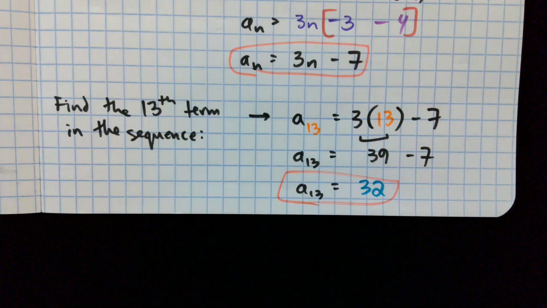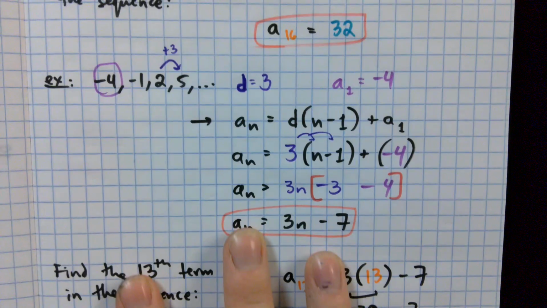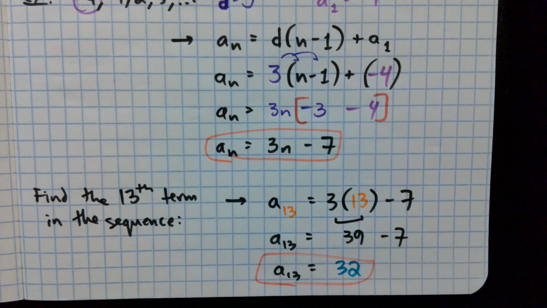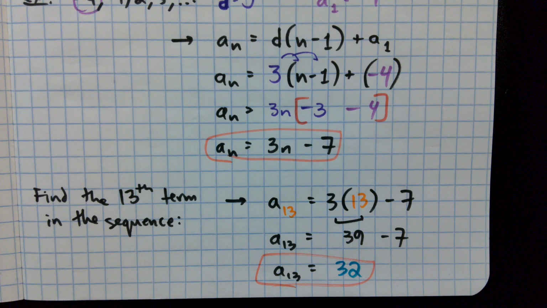If we use the unsimplified formula, sure, yeah. If I were to keep it like this, then I could do a sub 13 is equal to 3 times 13 minus 1 minus 4. I still get 36 minus 4, which is 32. So if you want to use the unfinished one, you can.